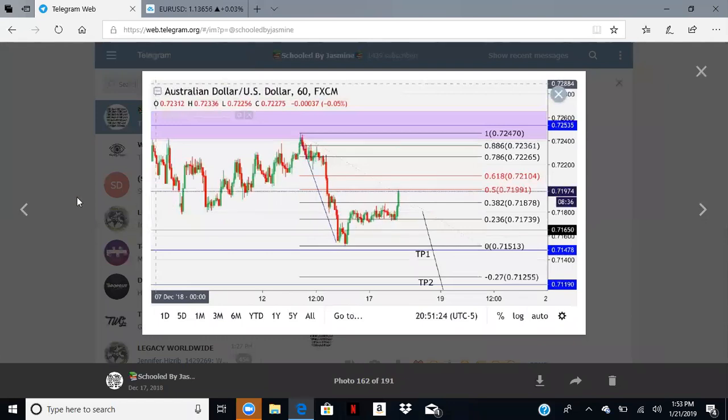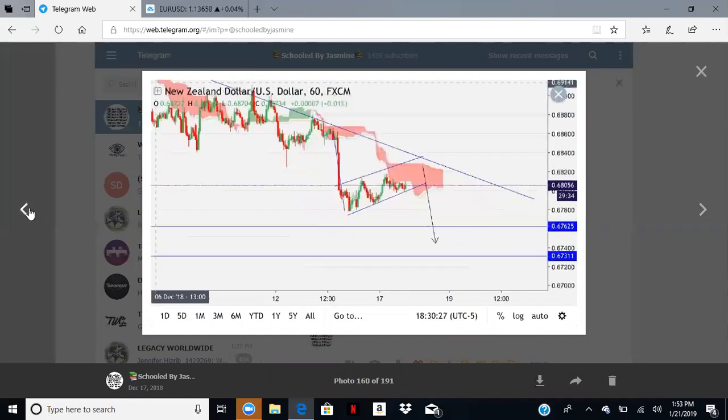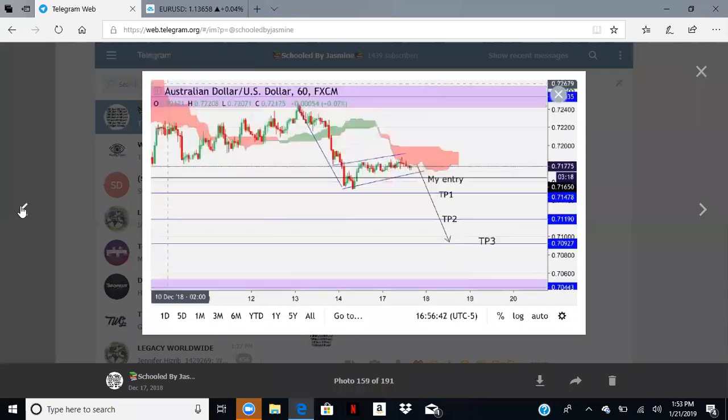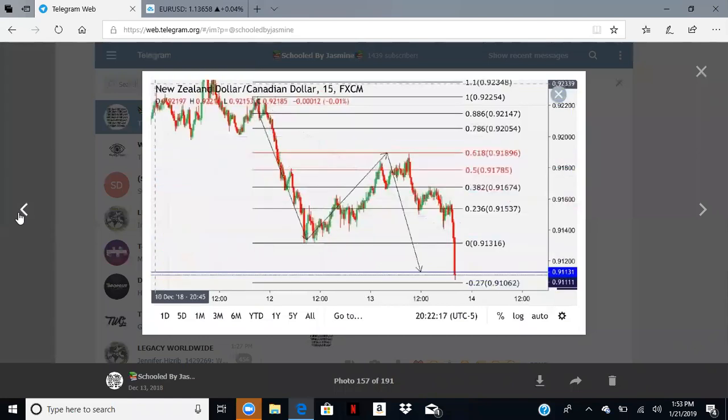Impulse consolidation. Does this make sense? The flag. I'm looking for the flag.